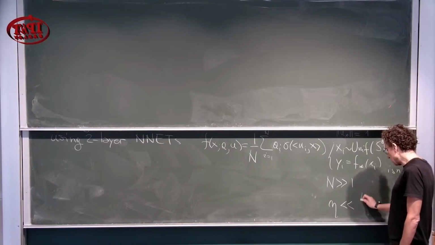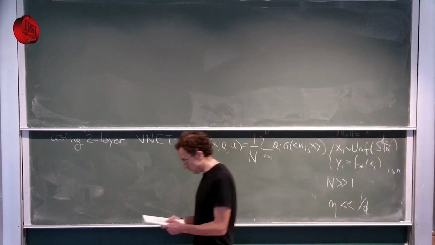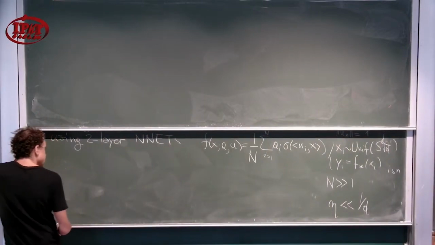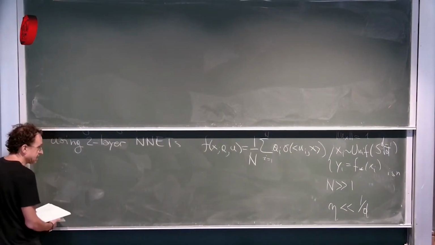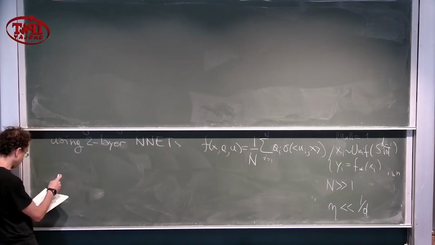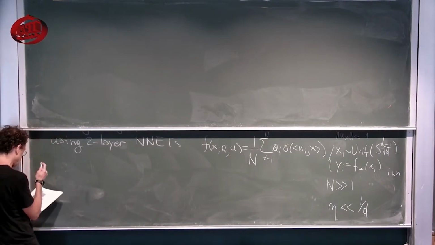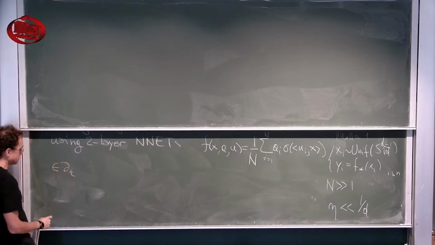A small step size means step size much smaller than 1 over dimension. Then this online SGD could be described either by a PDE or equivalently by an evolution over the space of functions. And the last thing that I gave you is the formulation as an evolution in the space of functions.